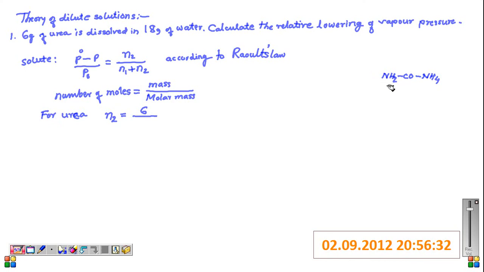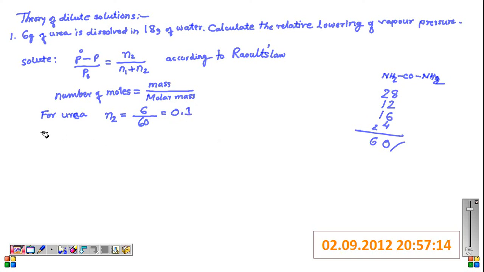There are 2 nitrogens, so 14 into 2 is 28, 1 carbon 12 and 1 oxygen 16, and there are 4 hydrogens, so 28 plus 12 is 40, 40 plus 16 is 56, plus 4 is 60. This is the molar mass of urea. 6 divided by 60 is equal to 0.1. This is for urea.